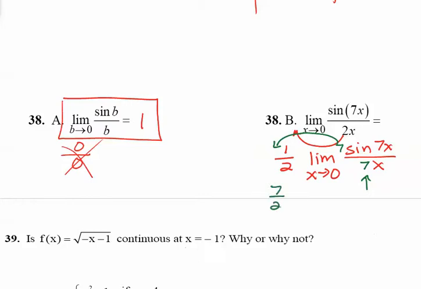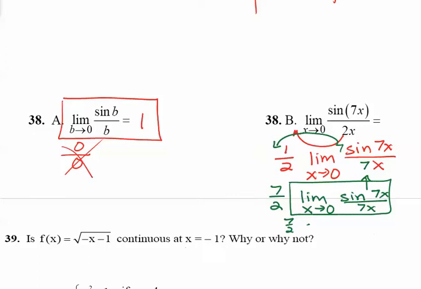So now I can write this as 7/2, the limit as x goes to 0 of sine of a glob over the glob. And sure enough, when x goes to 0, the glob is going to 0. So this is our theorem. So we have 7/2 times 1. So of course this goes to 7/2. If it were a multiple choice question, you say, I remember doing this, I know the answer is going to be 7/2, that would be fine.